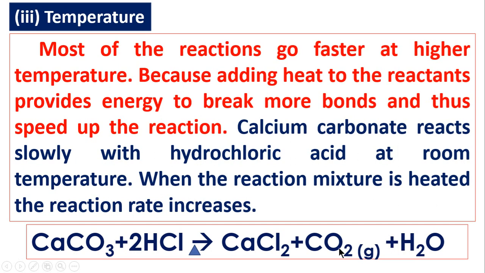This reaction takes place at room temperature. If the temperature is increased, the speed of the reaction is also faster. So, when the reaction mixture is heated, the reaction rate also increases.